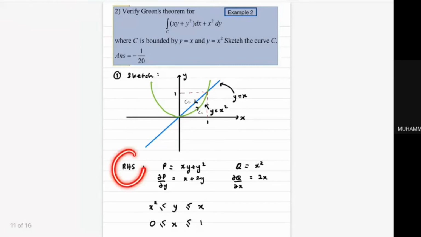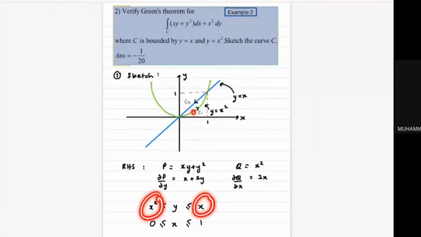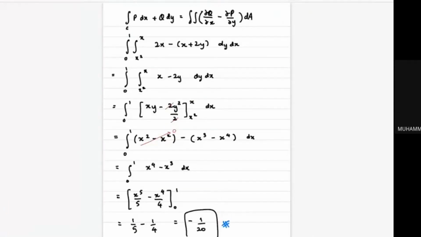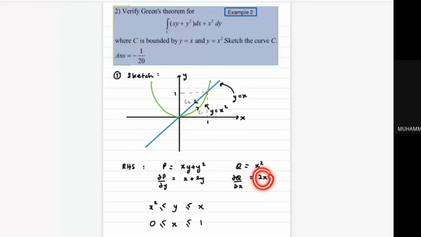Okay, the right hand side. First do the right hand side. Identify your limits. Limit for x is from 0 to 1 and limits for y is from x squared to x. Similarly, you have to substitute the values of del Q del x minus del P del y. So this is your del Q del x, 2x, and del P del y, x plus 2y.